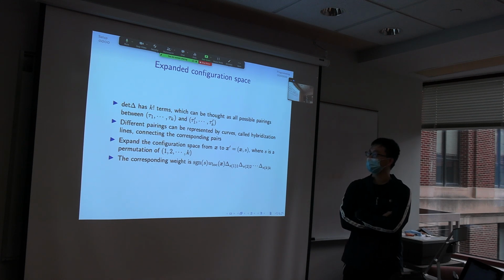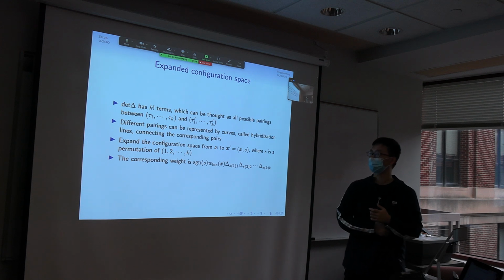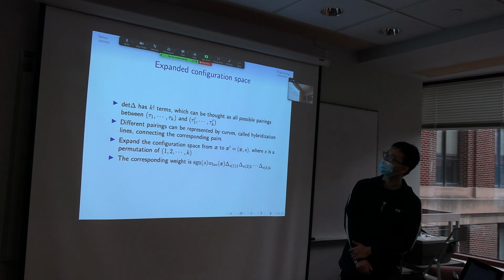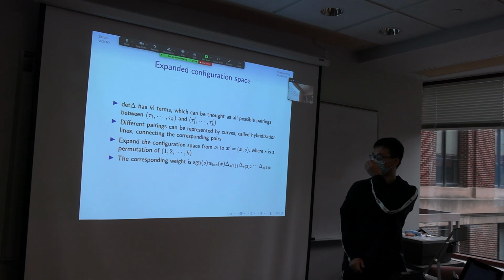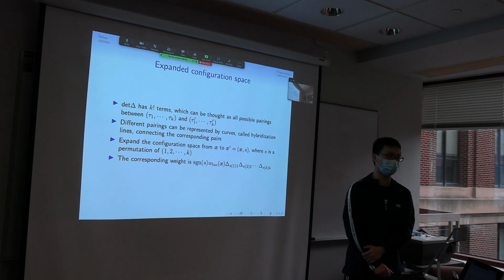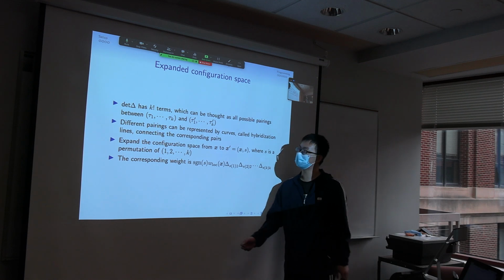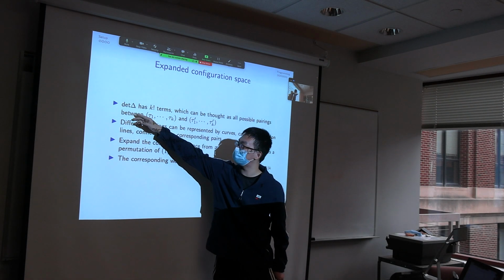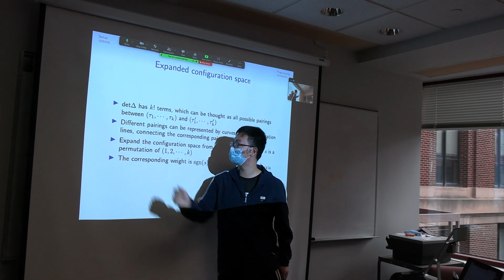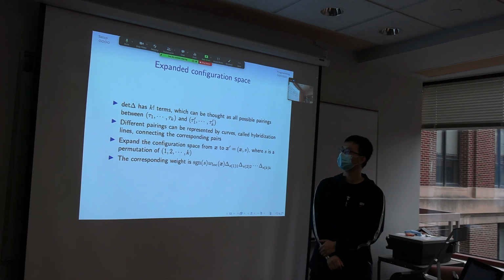First of all, the main goal is we want to find the self-consistent equations for the hybridization expansion representation. To do that, we first need to expand the configuration space a little bit. You may remember that in the expression of the partition function, we have the determinant of the hybridization functions, which has k factorial terms.